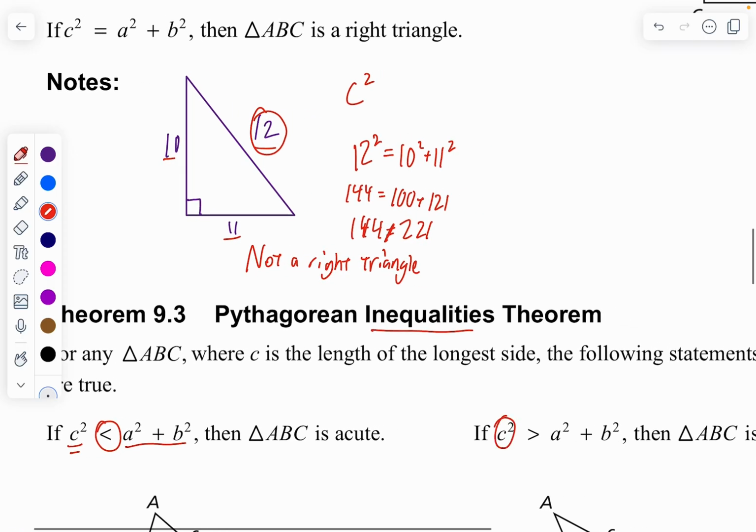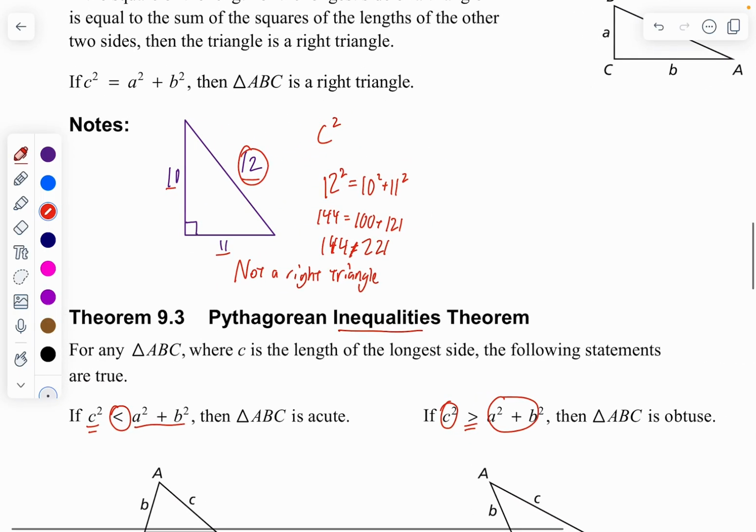If your c squared is bigger than your a squared plus b squared, then it is obtuse. Again, if c squared is smaller than a squared plus b squared, you have an acute triangle. If c squared is bigger, then it is an obtuse triangle.